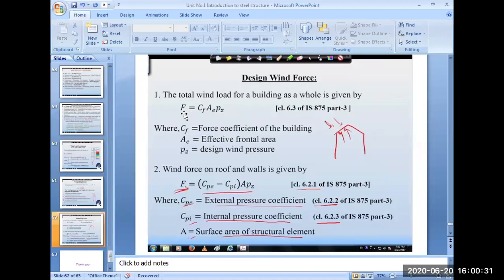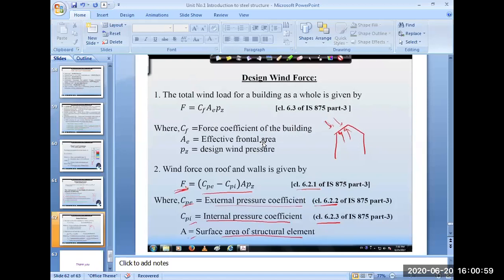So force F is equal to Cf into Ae into PZ. Cf is the force coefficient. Those coefficients are given in IS 875 part 3, page number 16, clause number 6.3. Now Ae is the effective frontal area.